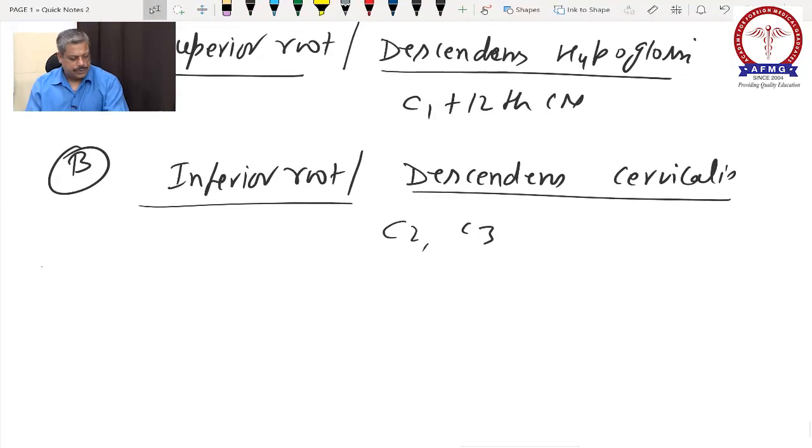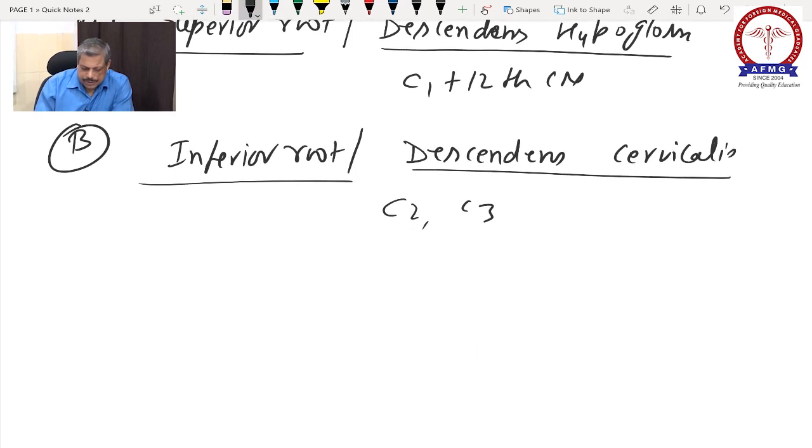With the help of this diagram, see this is the foramen magnum. The nerve which arises above the foramen magnum, or proximal to the foramen magnum, is known as a cranial nerve, and this is the 12th cranial nerve.